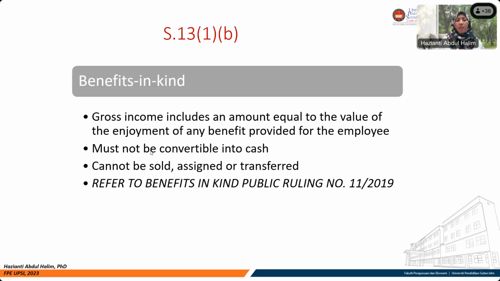It must not be convertible into cash. Cannot be sold, assigned, or transferred. Also, I have uploaded Public Ruling Number 11 2019. This is for benefit in kind. So all the tables, all the rates that you need to know are in this Public Ruling. All the notes and tables in my notes also come from the Public Ruling.